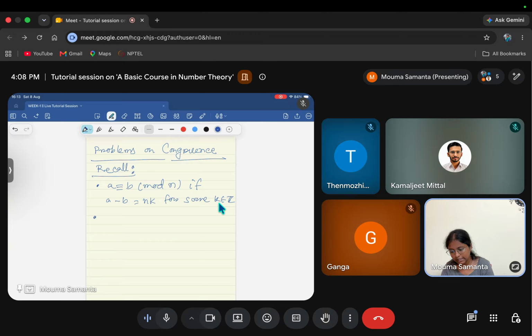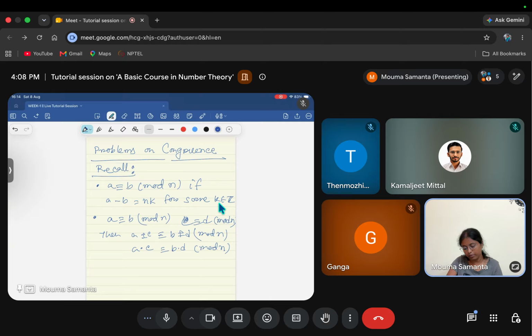Then we have seen that if a is congruent to b mod n and c is congruent to d mod n, then a plus or minus c is congruent to b plus or minus d mod n. Also we have a dot c congruent to b dot d mod n. These are some basic properties of congruence.